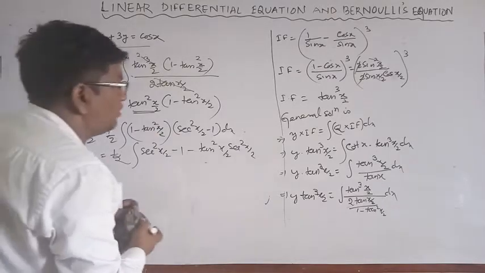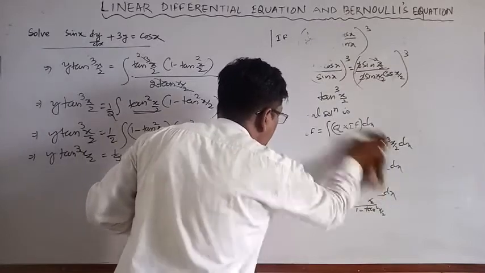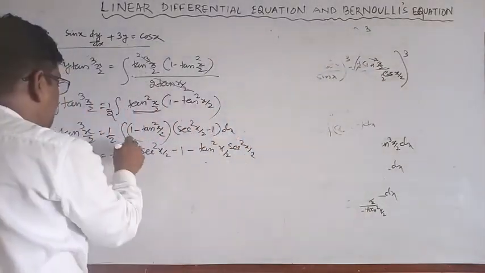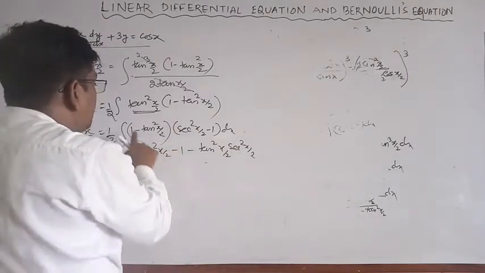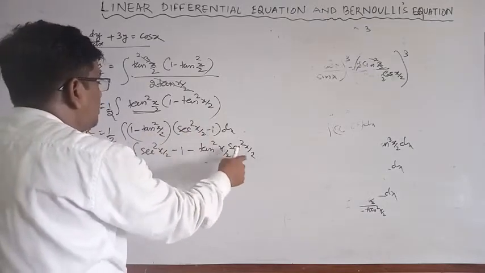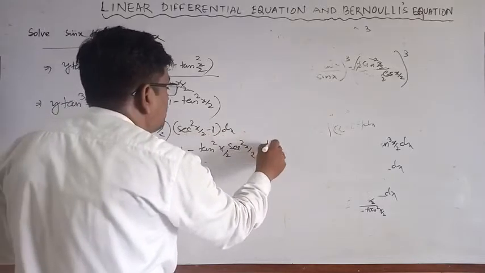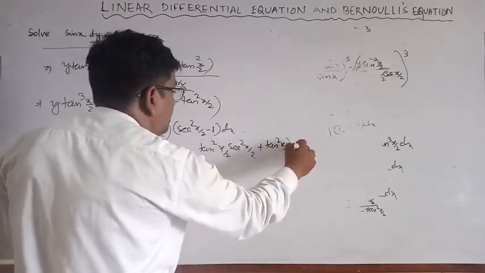Put this in separate integrals. So this is sec square x by 2 minus 1 minus tan square x by 2 sec square x by 2, plus tan square x by 2, whole into dx.